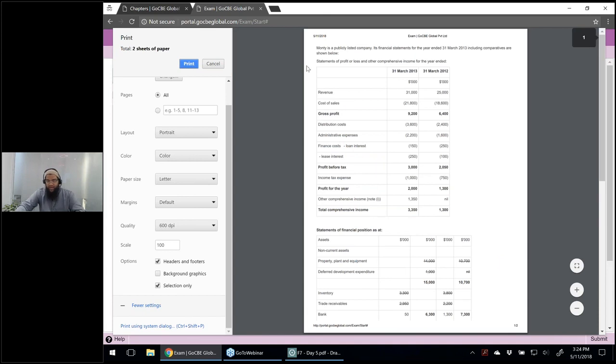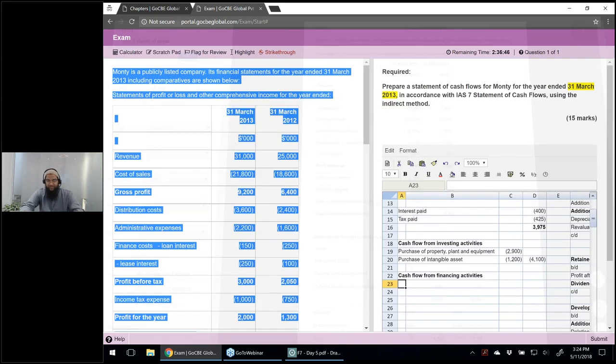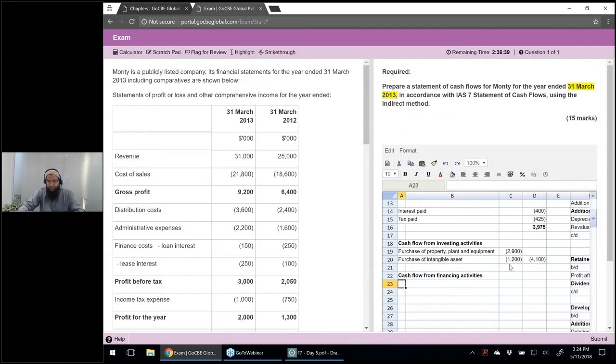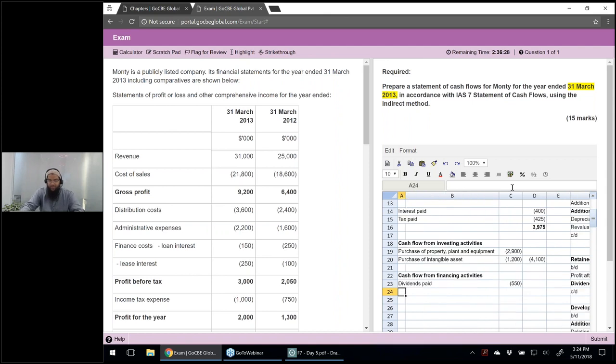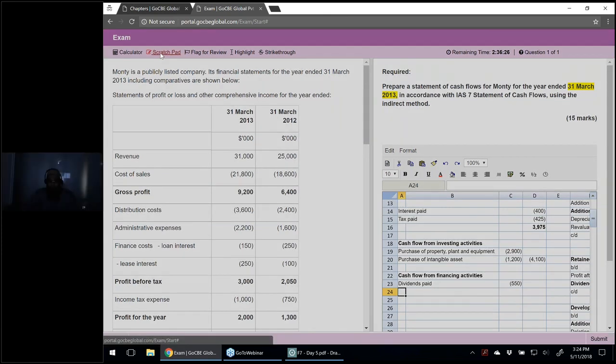Okay, so now we are on to the cash flow from financing activity, where we have dividends paid. Dividends paid were 550, and we have written it in the scratch pad so that if we forget, we can remember. There's repayment of loan and repayment of lease liability.